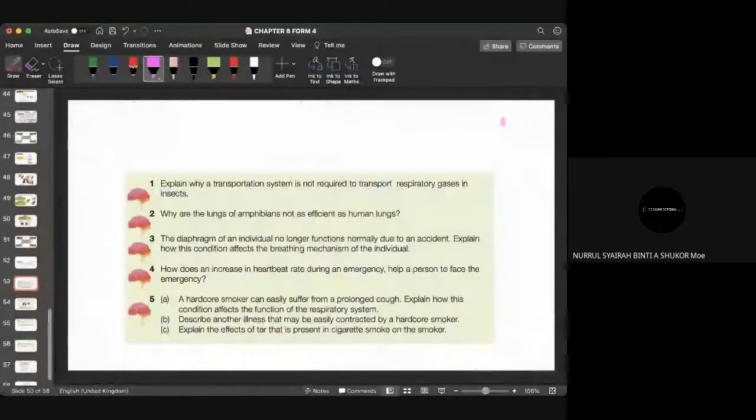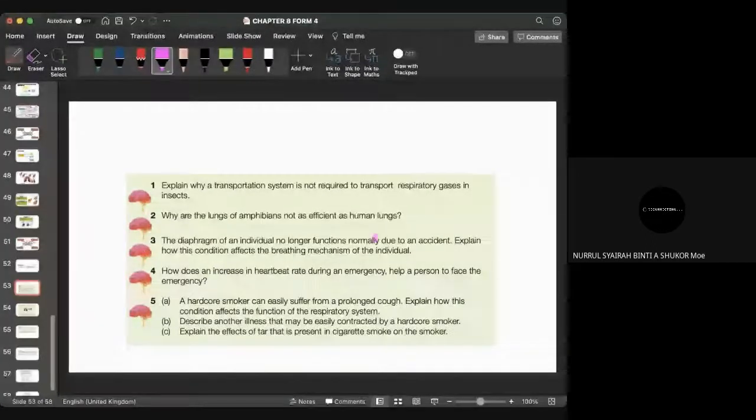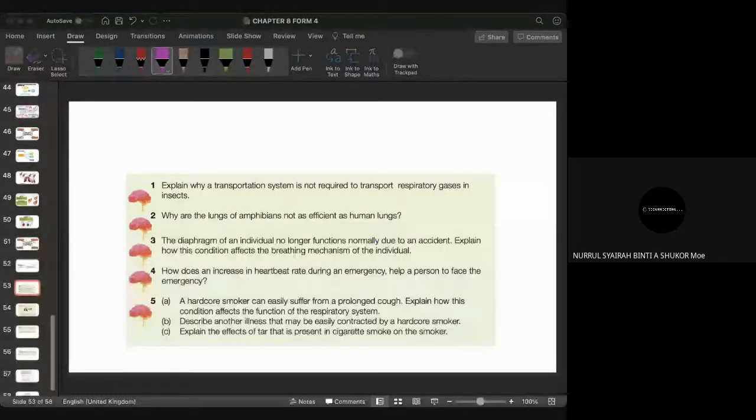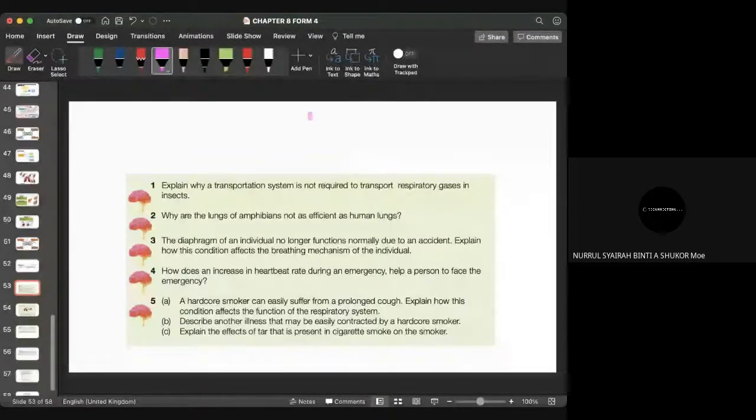Okay. This one soalan summative ni. So, you see, sebenarnya kita dah belajar, kita dah tengok dah soalan-soalan dia, dah recall je. Okay, Arman. Explain why a transportation system is not required dekat insect.